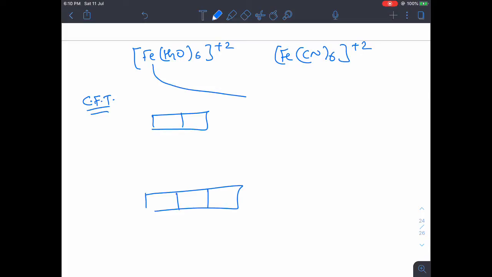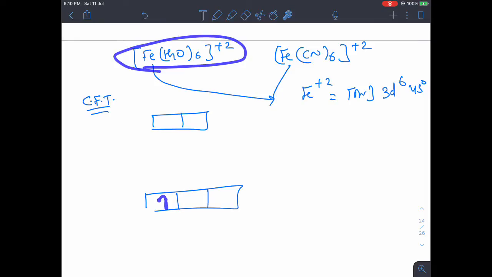And what is the oxidation state in both of these? That is iron plus 2. So iron plus 2 will have the configuration argon 3d6 4s0, right. So for the weak field, what will happen? You can see here we will have, for this particular case, 1 2 3, and then it will go 4 and 5 and 6.